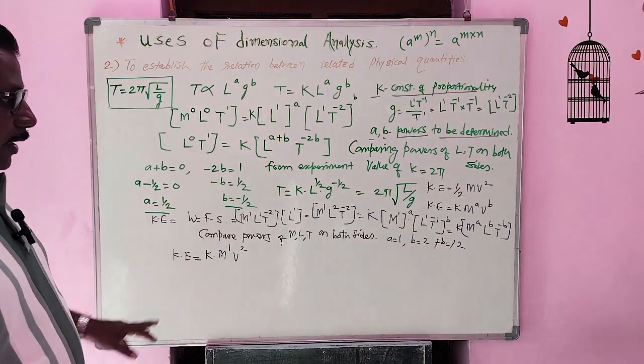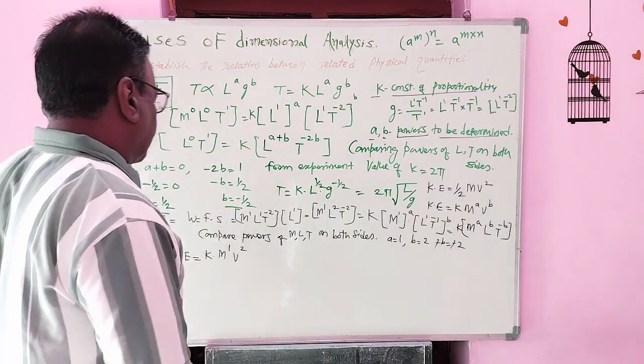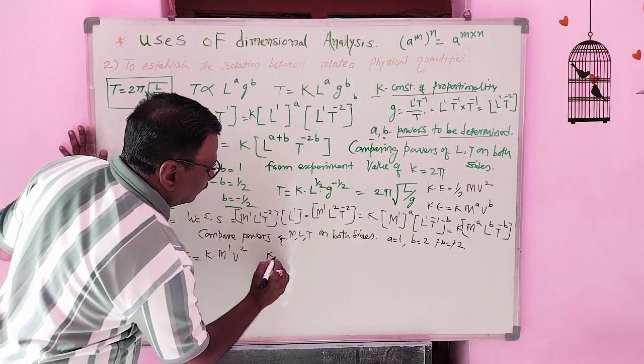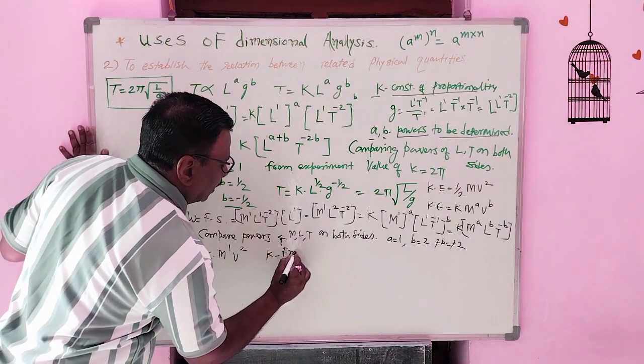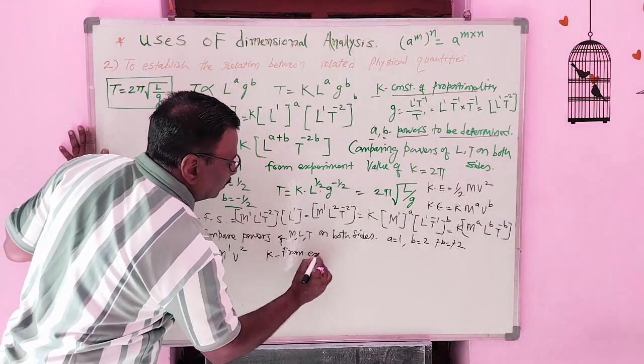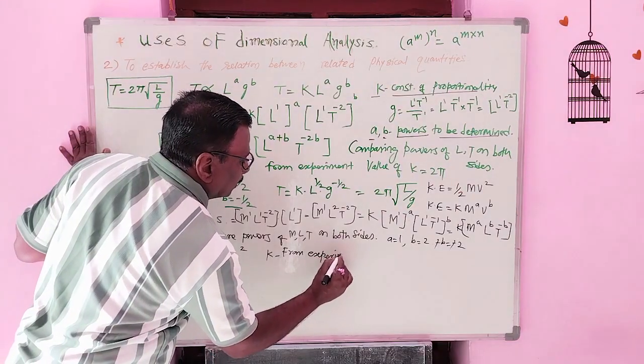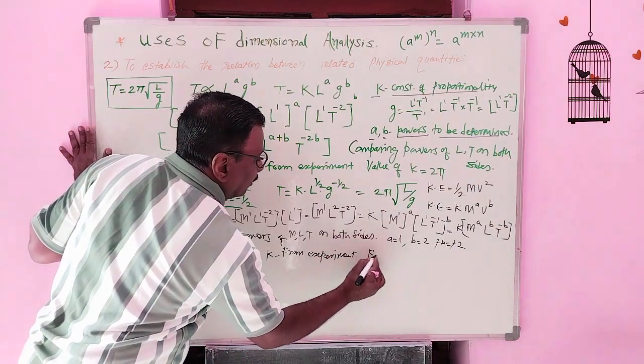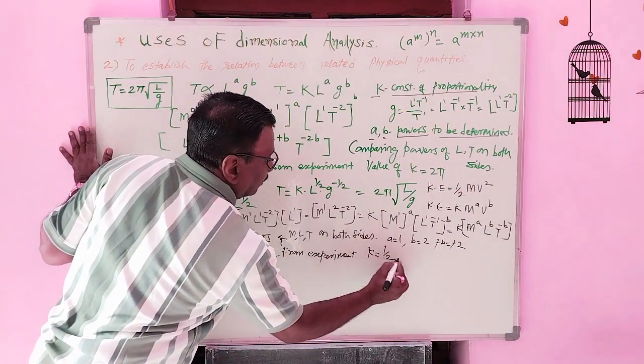Again, here the value of K can be found out. K is found out from experiment, and the value of K equal to half.